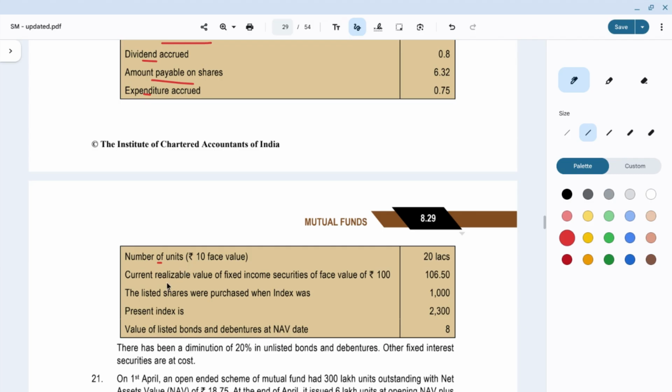Current realizable value of fixed income securities is given, and the listed shares were purchased when the index was 1000 and the present index is 2300.